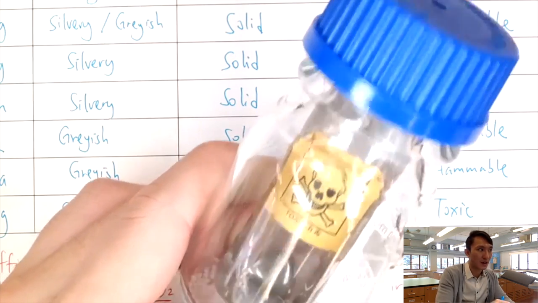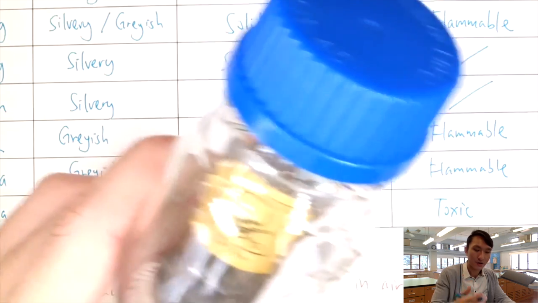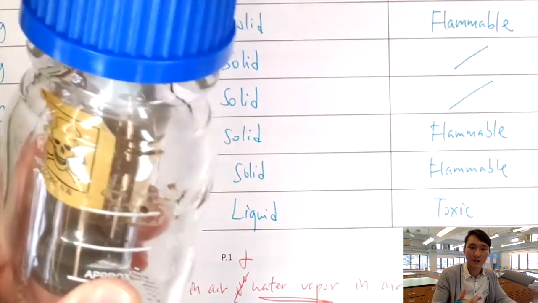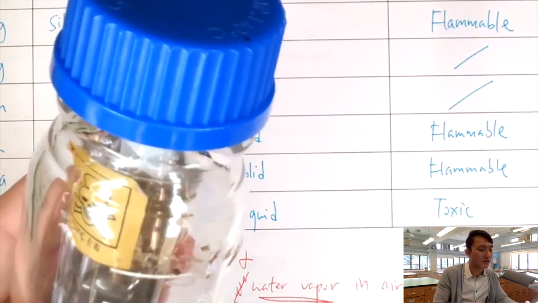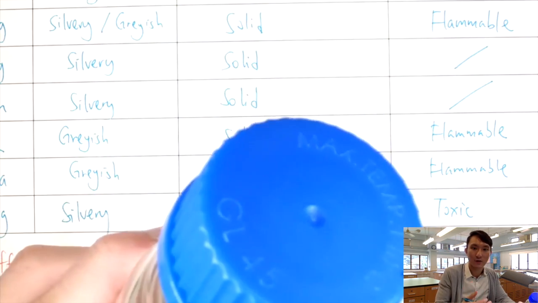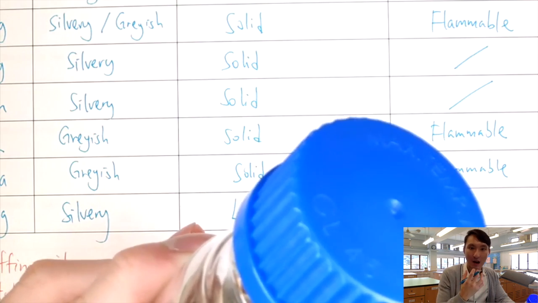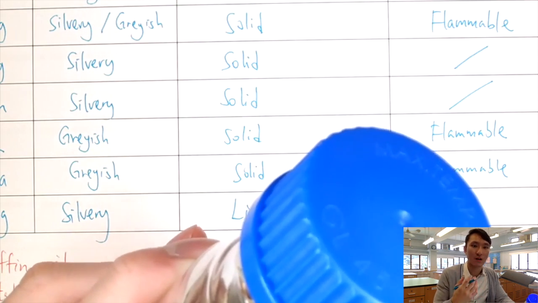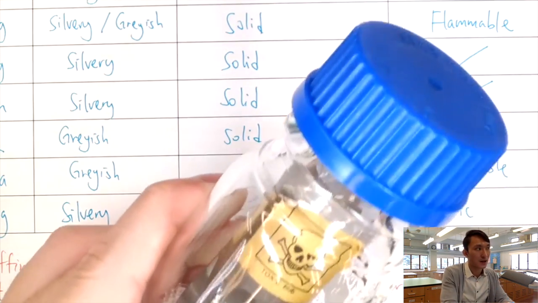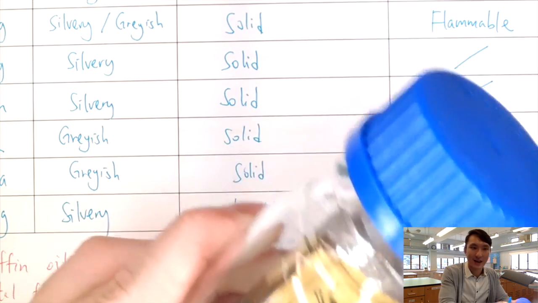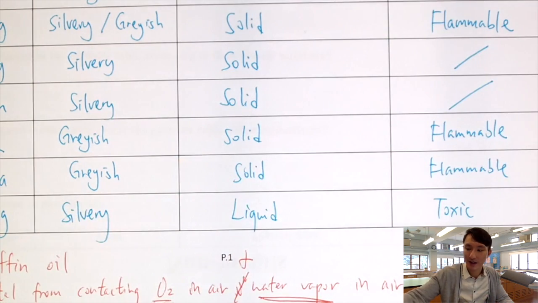The reason why we put it under water is because mercury as a liquid is volatile. So there's a chance where the mercury actually vaporizes to form mercury vapor, and if we inhaled the vapor, it will be very toxic to us. So that's why we put it under water, so that less of this mercury will be vaporized out.